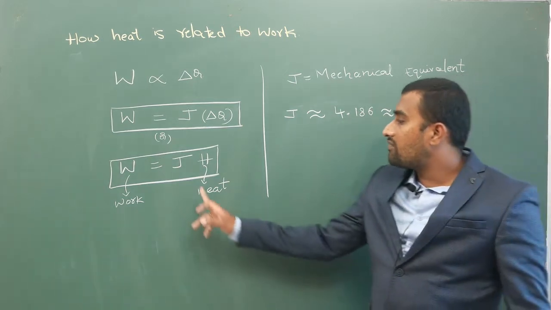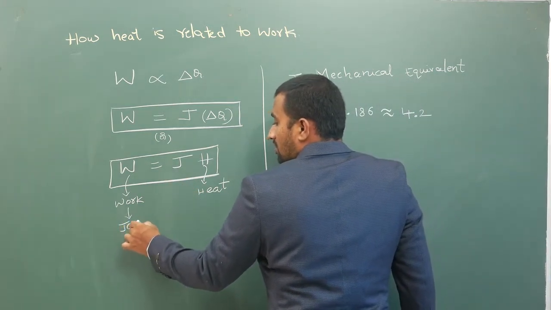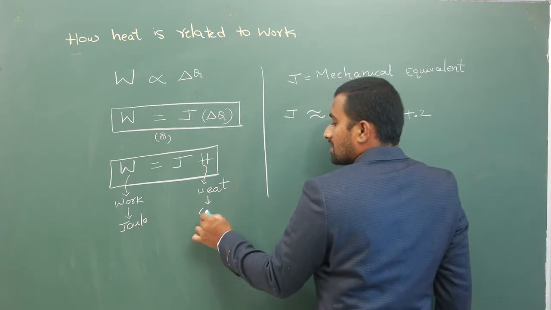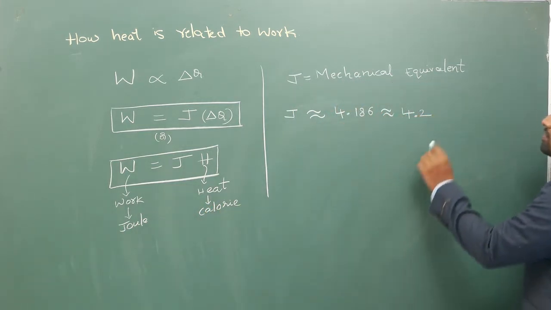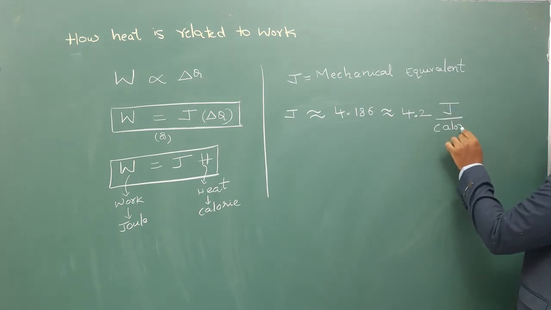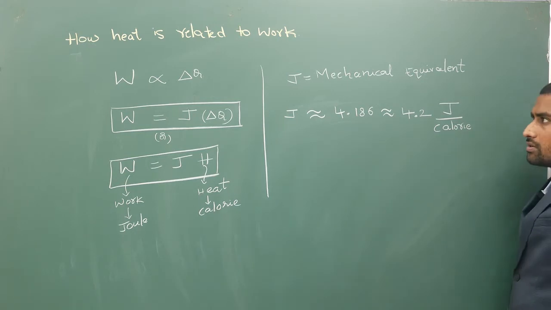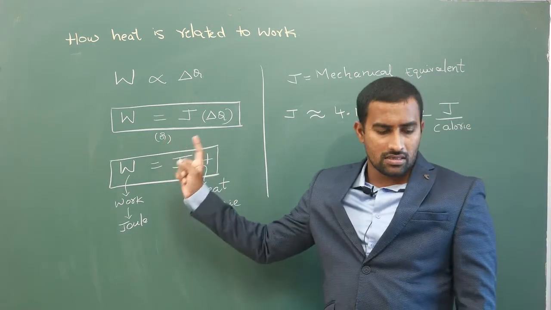If you look at the units, for work the unit is joules, for heat the unit is calorie. So the unit of J will be 4.2 joules per calorie. This is what you get when you are relating work with heat.